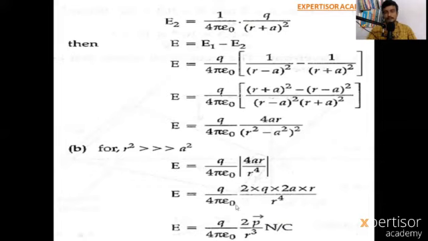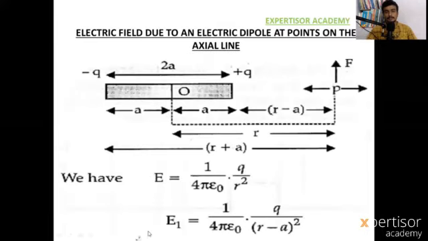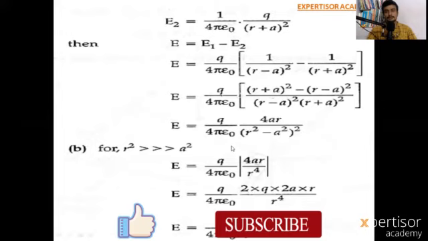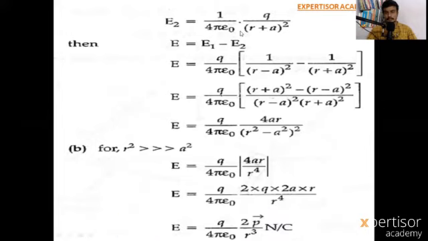So finally, we get the relation E is equal to 1 by 4 pi epsilon naught into 2P divided by R cube, Newton per Coulomb. This is the simple thing. First of all, you have to write two different electric fields, E1 and E2, by using the distances R minus A and R plus A. Then you have to add these two equations.